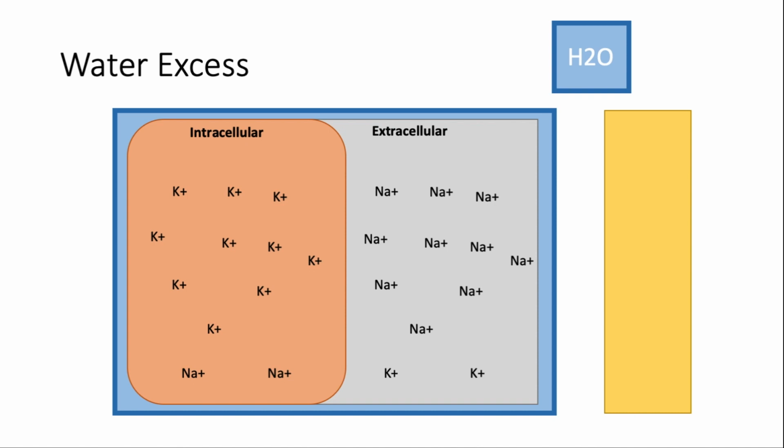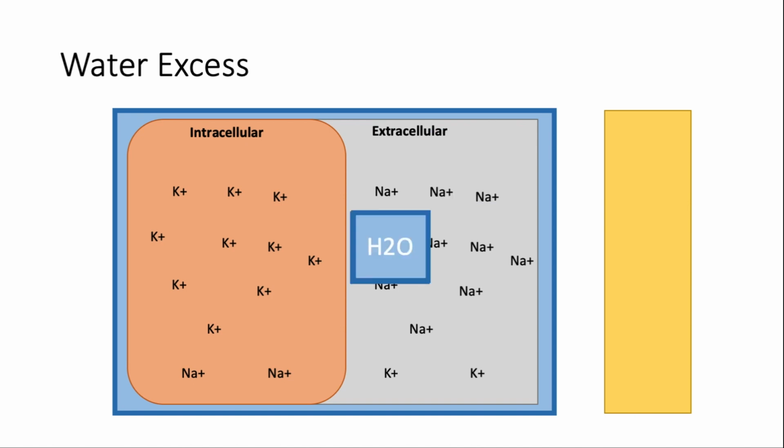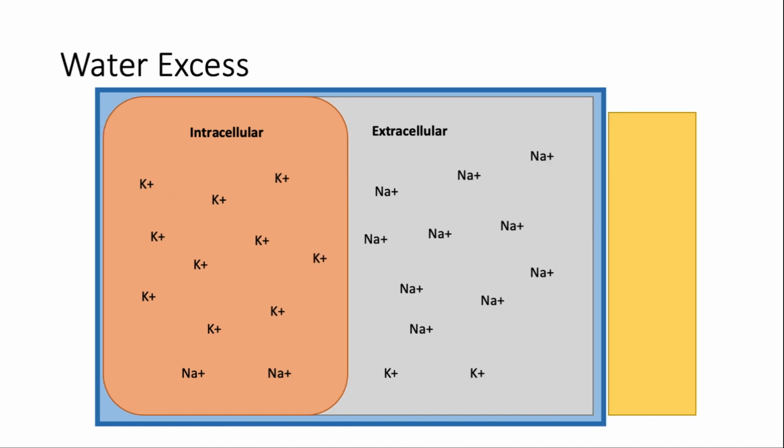Now, if there's water excess, this is different than sodium excess. So think of water being the primary driver. Those people that drink a lot of water for the radio contest is what we're talking about here. So they're putting a whole lot of water inside this extracellular compartment. And that bulks up and gets bigger, but before it does that, it wants to equilibrate between the two.